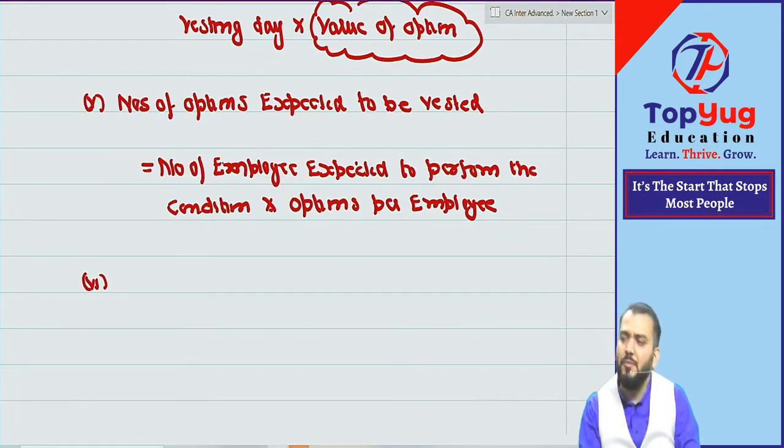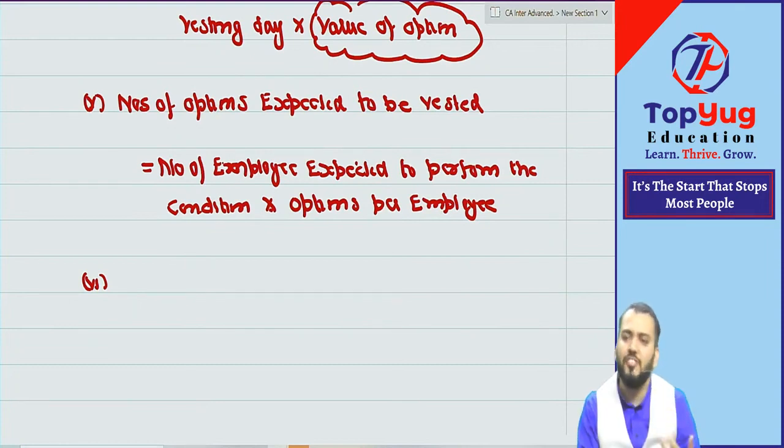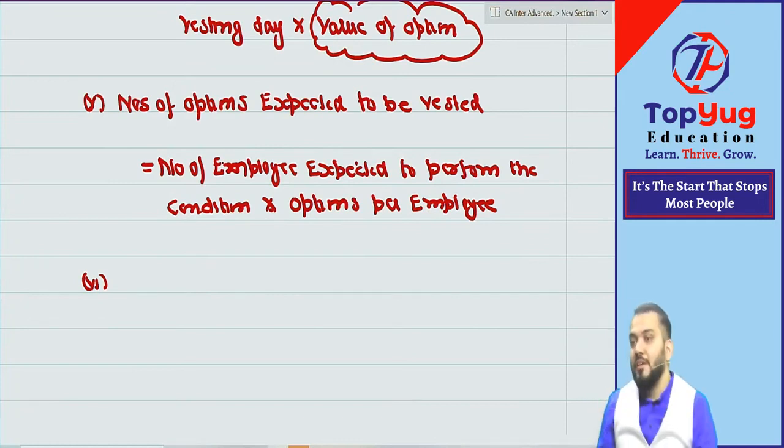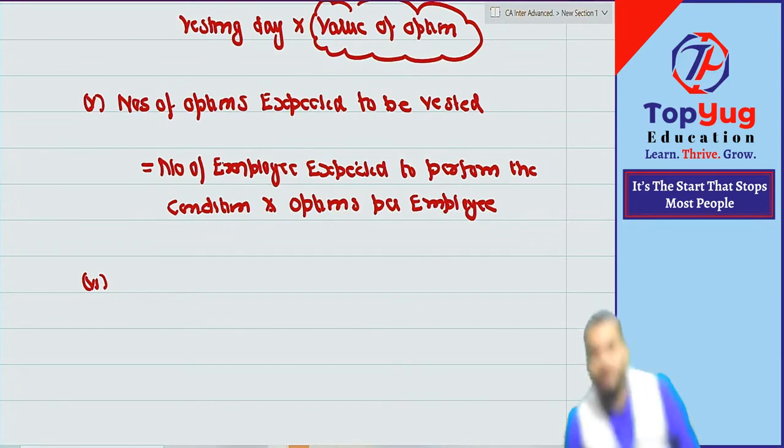So the same chapter we have in CA Final also. In CA Final we do a detailed discussion about fair value of option. Considering the syllabus of CA Inter, we didn't used to discuss fair value of option 2-3 attempts before. But now, because the institute has started asking questions on fair value of options, it is our duty to inform you about fair value of options. Correct now?